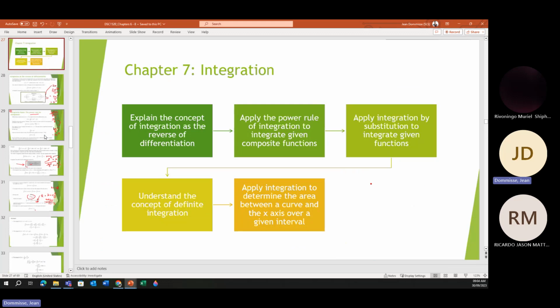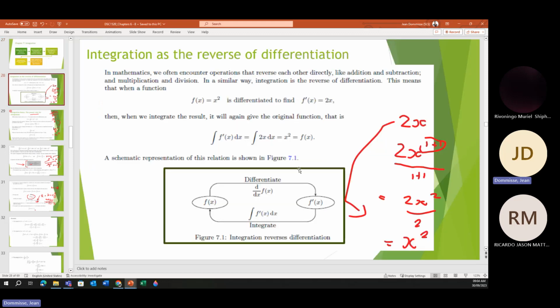So basically, integration is the opposite of differentiation. So integration is the reverse of differentiation. So there is a nice diagram in your study guides as well around the process of differentiation and integration.